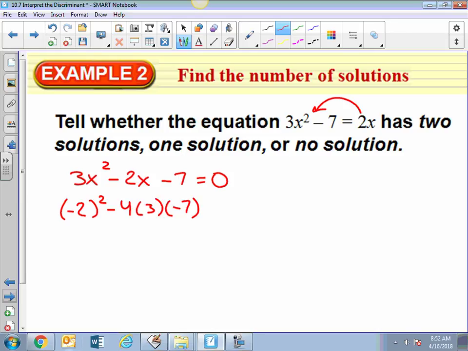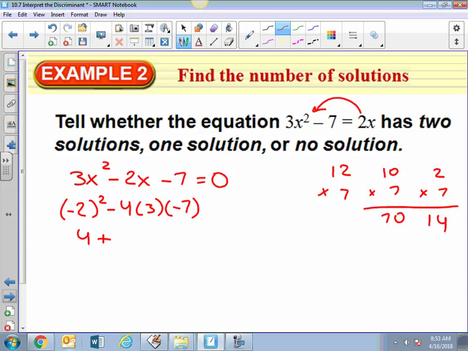Okay, so the discriminant here: negative 2 squared minus 4ac. I can already see that this is going to be positive, but I'll finish it out for you. Negative 2 squared is 4 minus, and there's a negative here, so I'm going to change that to a plus. So 4 times 3 is 12, and then times 7. An easy way to do that is to multiply 2 times 7 in your head, you get 14, multiply 10 times 7, and you get 70.